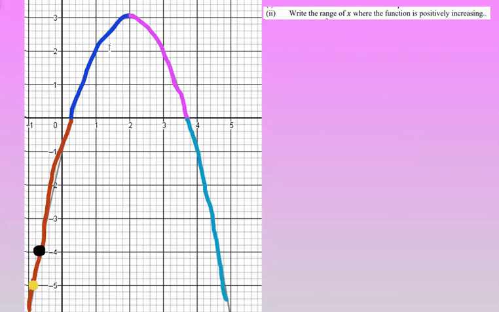Now see, when we go from the yellow point to the black point, what's happening to the y value? What's the yellow point's y value? -5. And what's the black point's y value? It's -4. So what's happening to the y value or to the function? It is increasing. Now remember, -4 is bigger than -5.